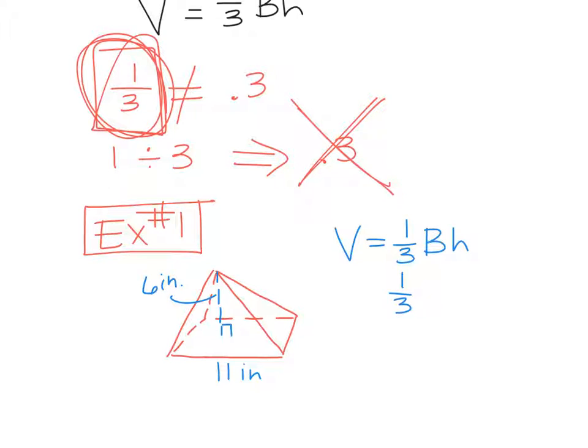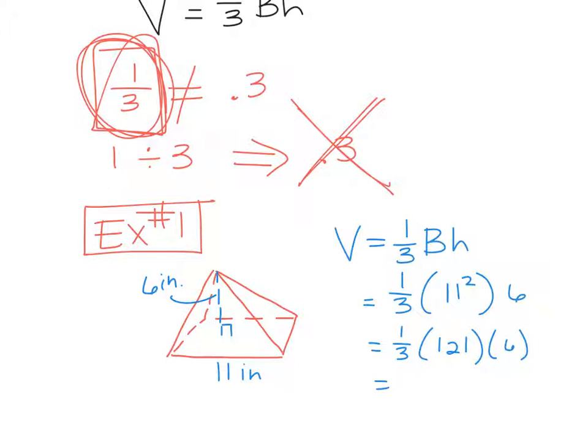So it's 1/3 times 11 squared, right? Or 121. And then what is H? It's the height of the figure, which is the one that's perpendicular to your base. So that is going to be 6. So you're doing 1/3 times 121 times 6.